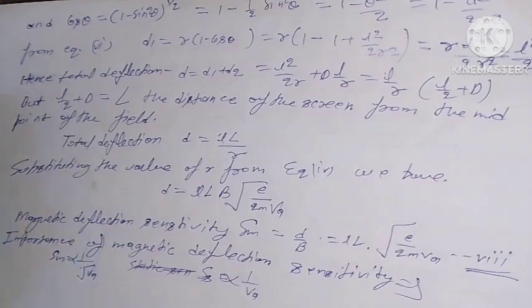The greater allowable deflection angle decreases the tube length for a given diameter, hence magnetic deflection is desirable in cathode ray tubes used in television.